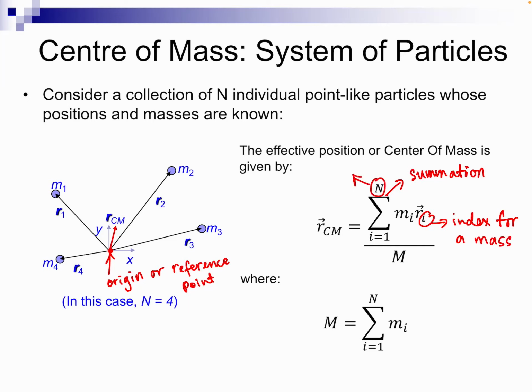N is the number of masses whose overall center of mass you want to find. Capital M here is the sum or summation of all the small m's. That means M is also the total mass.